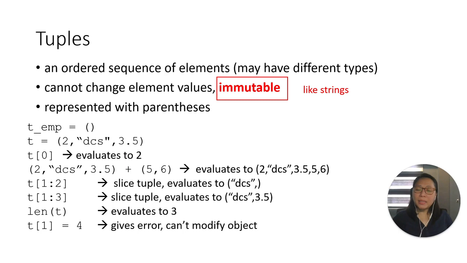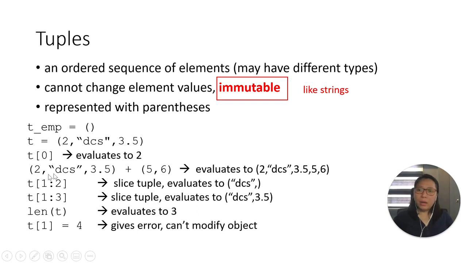We can access each element in the tuple using indexing, just like with a string. So here, this will evaluate to 2 because the value on index 0 is 2.